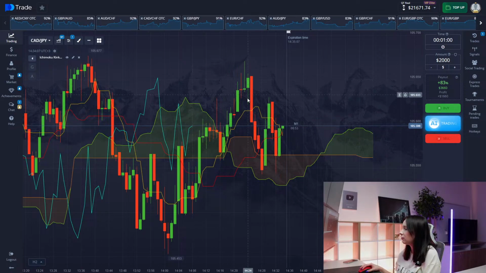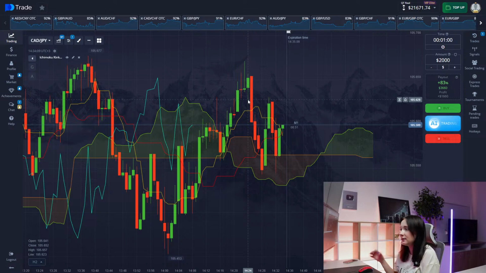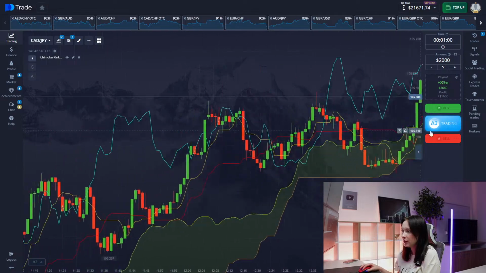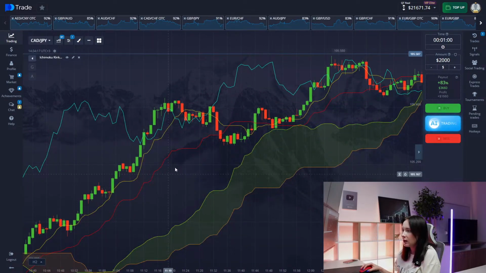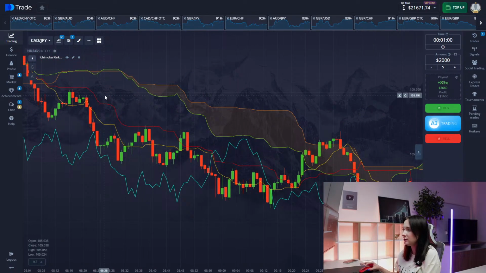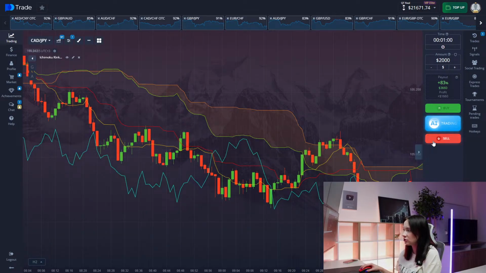So let me revise. First of all, here, the cloud helps to identify trend reversal. So when you see that your main currency pair chart lies above the cloud, that means it is developing an upward position, so on overall you open a buy position. And if you're seeing, for example, like here, that your main currency pair chart lies below the cloud, that means opening on overall a sell position.